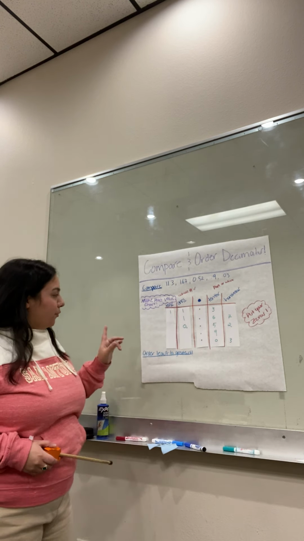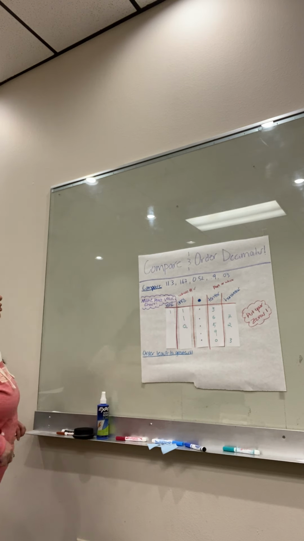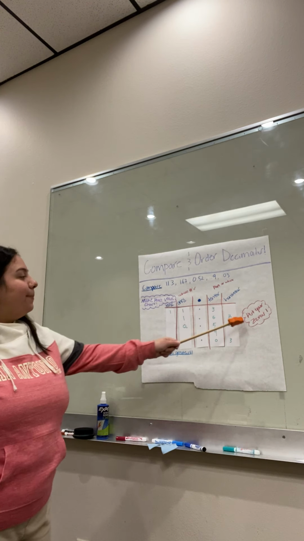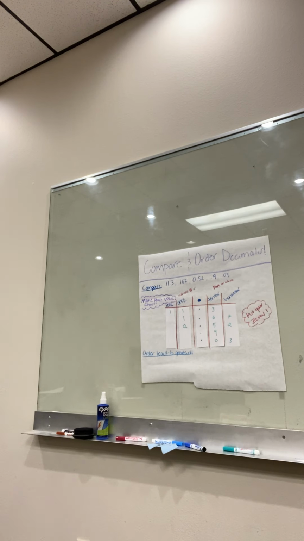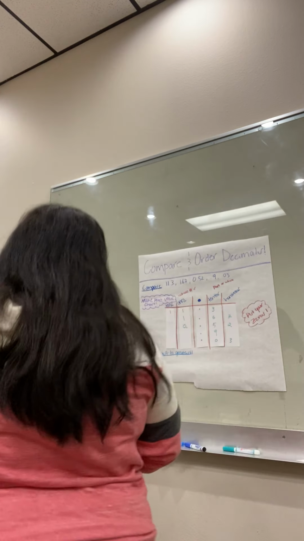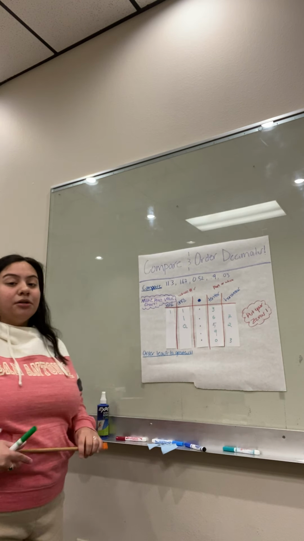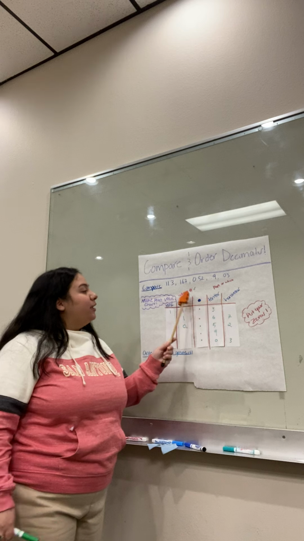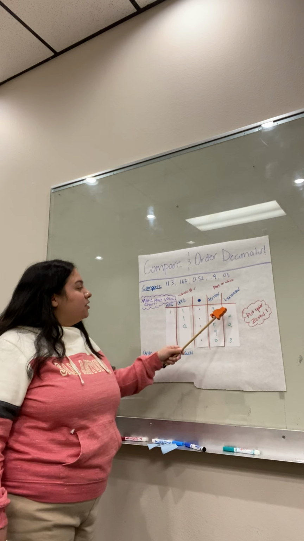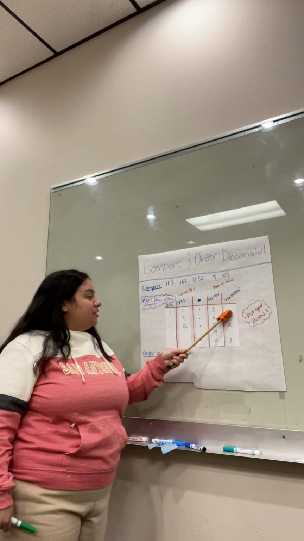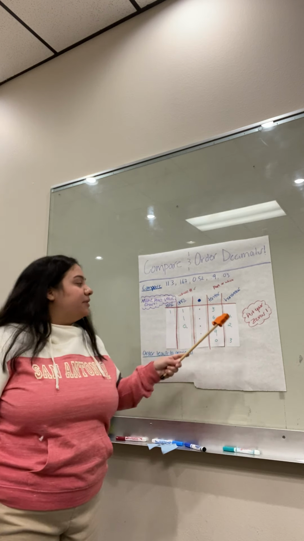Now what I want us to do is put in our zeros. So let's get another marker and put in our zeros. The reason I want us to put in our zeros is because when it comes to adding and subtracting, it's going to help you see that just because there isn't a number here, it doesn't mean there isn't a value there.